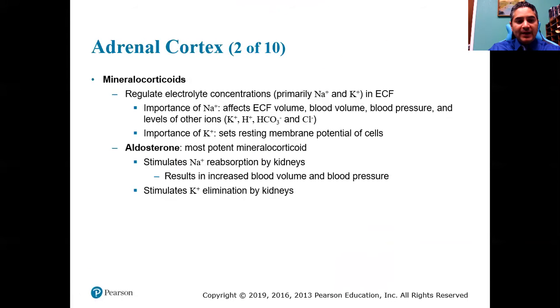For example, the mineralocorticoids are involved in the regulation of electrolyte concentrations. When you think electrolytes, two ions need to come to mind: sodium, potassium, right? Very important for blood volume, blood pressure, right? So that is what this hormone is going to be doing. It's going to be regulating those primary electrolytes.